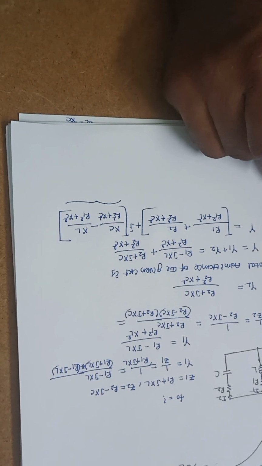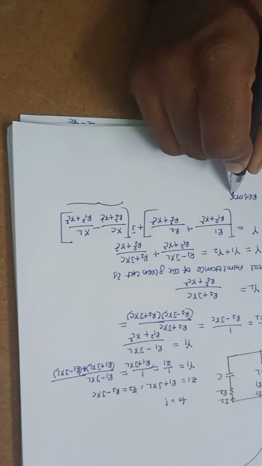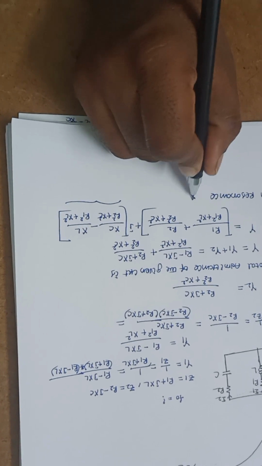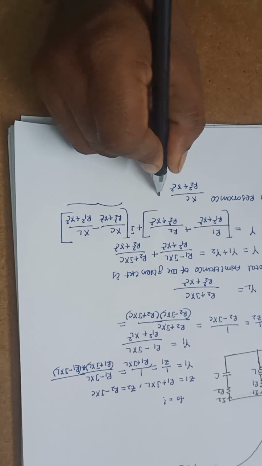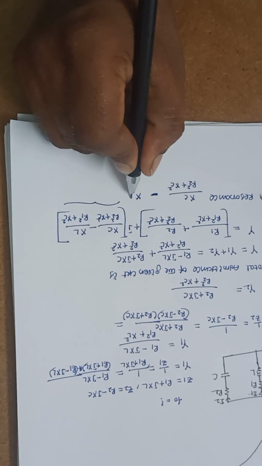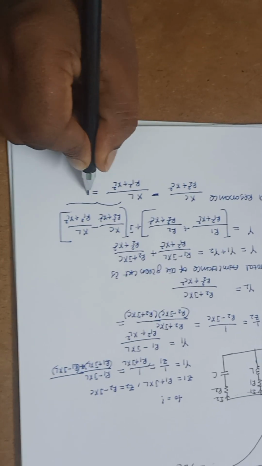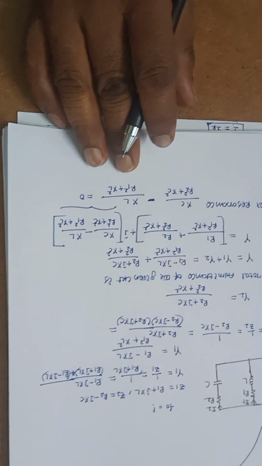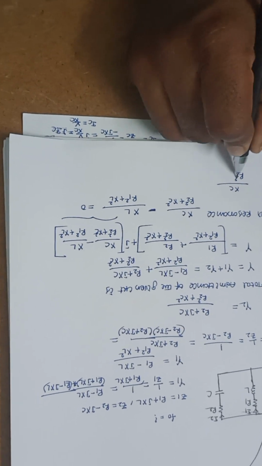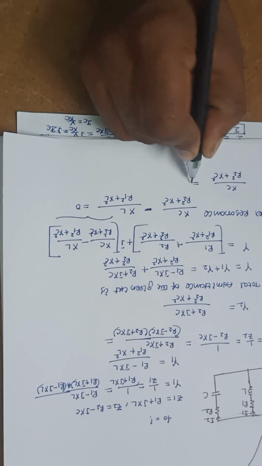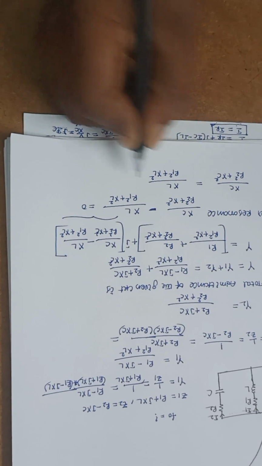So under resonance, XC divided by R2 square plus XC square minus XL divided by R1 square plus XL square is equal to 0. Now XC divided by R2 square plus XC square is equal to XL divided by R1 square plus XL square.